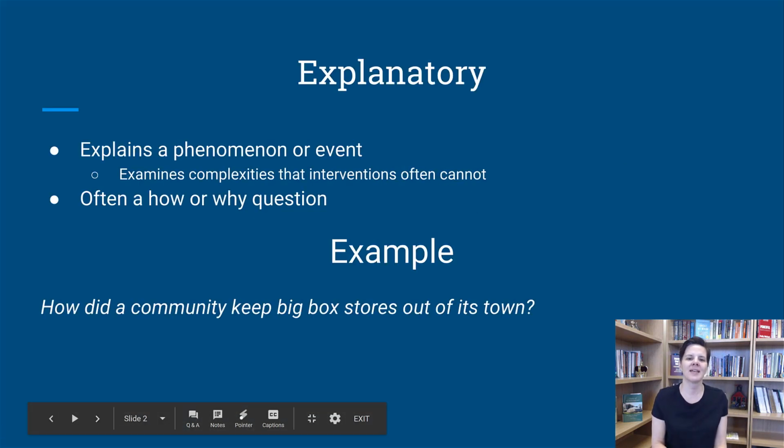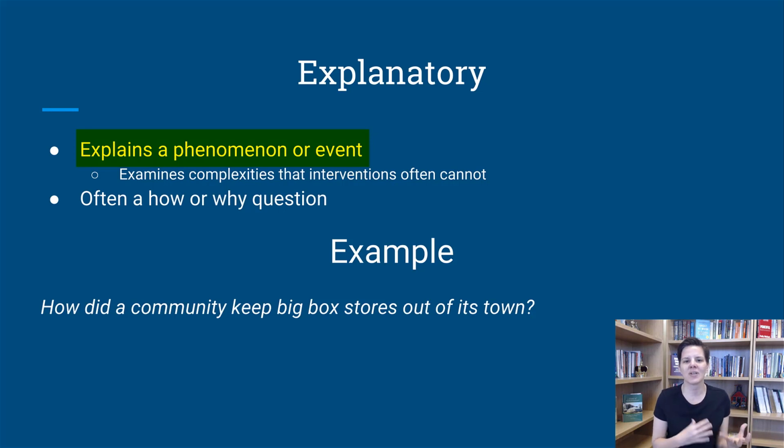All right, so first up is the explanatory case study, and this is where we're really working to explain a specific phenomenon or an event, and it's really getting at the complexities that interventions often cannot get at, right?